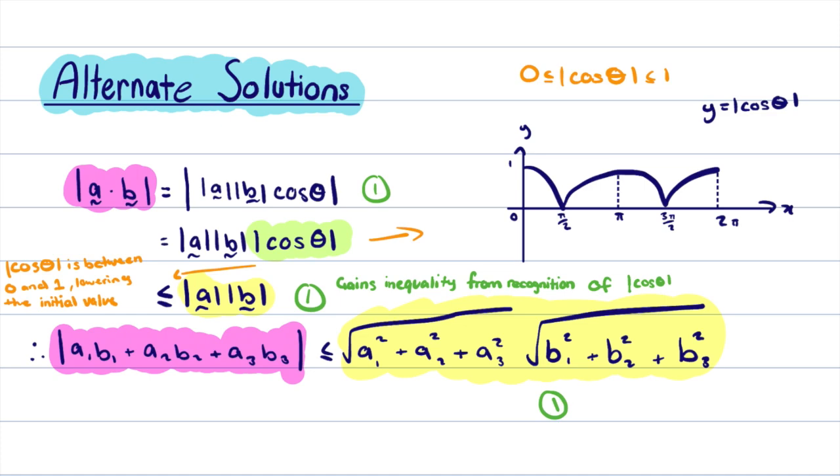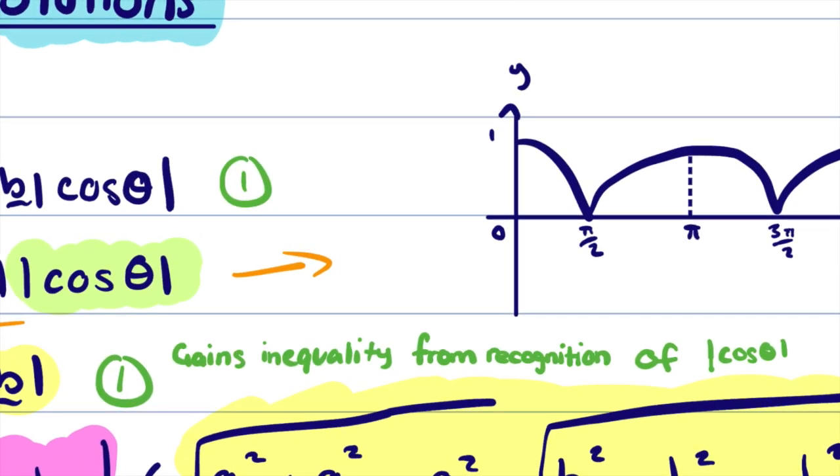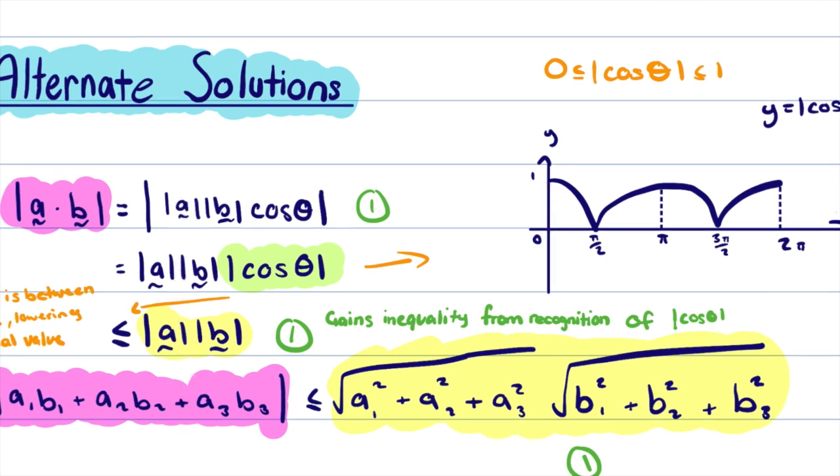Because we know our range is between 0 and 1, when you multiply the magnitudes, because this is less than 1, it's bringing down the overall value of this entire number. Therefore, getting rid of the magnitude of cos theta, we know that the product of the magnitudes of the two vectors is going to be greater than this.